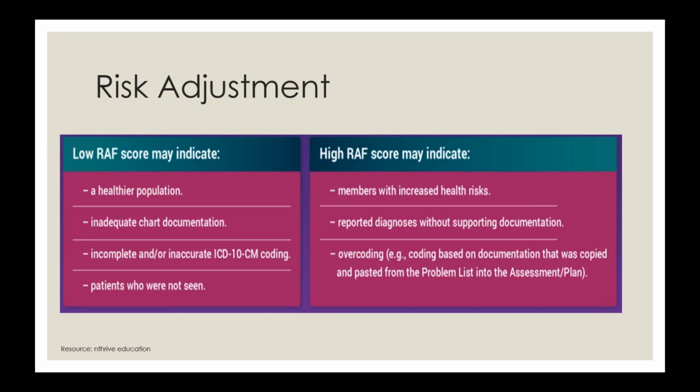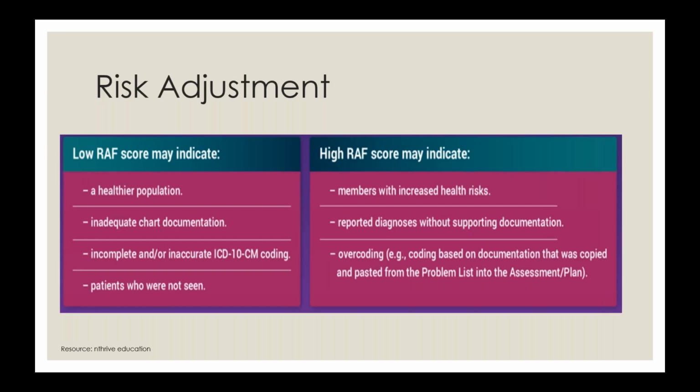So if there is a low RAF score, that patient may be a very healthy patient that doesn't require much in the way of resources. But when you do have those higher RAF scores, you want to make sure that you are reporting those diagnoses with supporting documentation. I'll go through that a little bit in the next slides, where you're meeting the criteria.